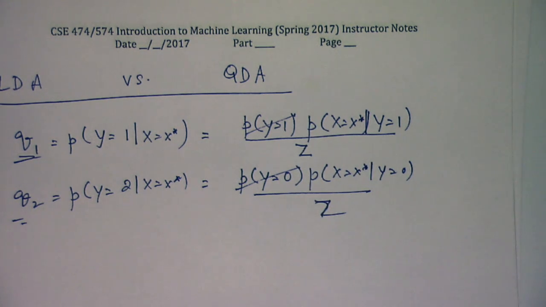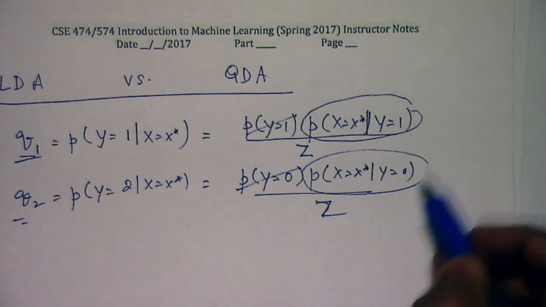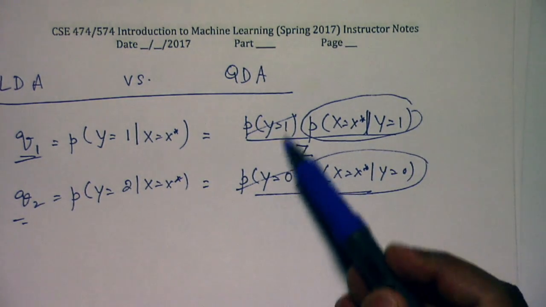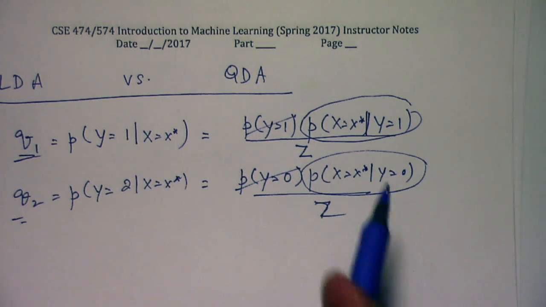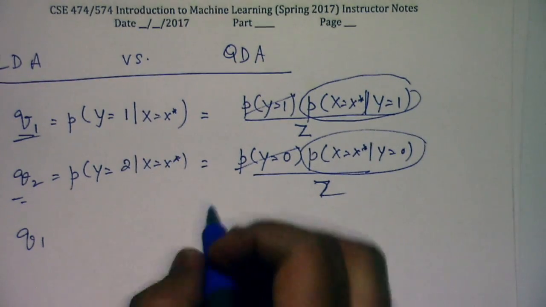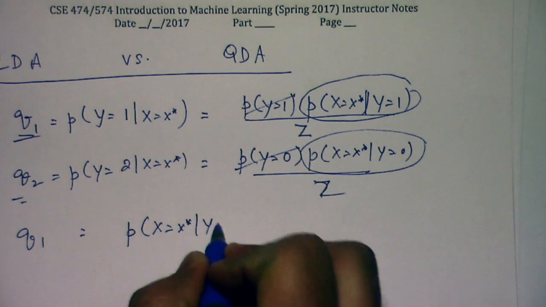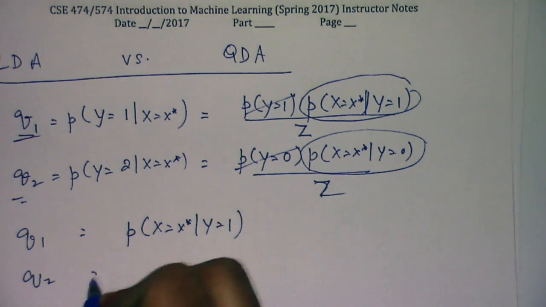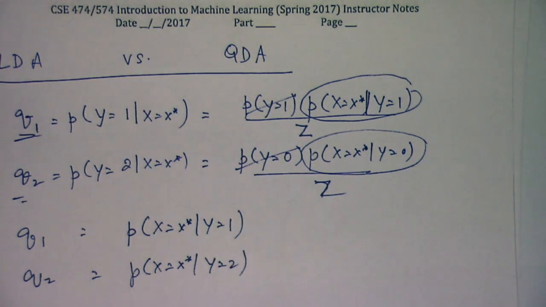So we ignored the prior, and then we merely computed this, right? But what you will see is that these quantities do not have any X in them. They don't depend on X, right? So even if they are there, this whole explanation would still hold. But for your assignment, what you did was you essentially computed these two things: P of X equal to X star, Y equal to 1, and P of X equal to X star, Y equal to 2 for the binary case, right?